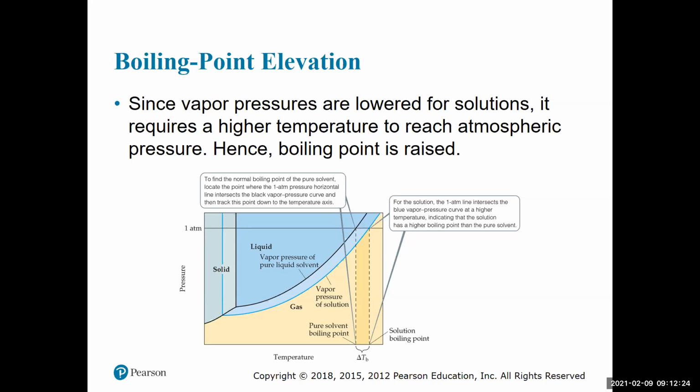Okay, I have to put in more energy, so the boiling point is raised. So once again, going back to cooking spaghetti: you put the salt in, the salt dissociates, you get a lot of particles in there, the sodium and chloride ions, and now the boiling point is going to be higher.